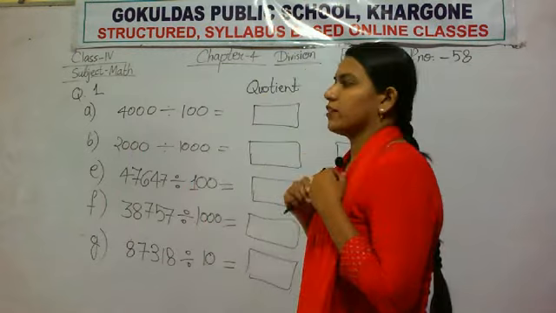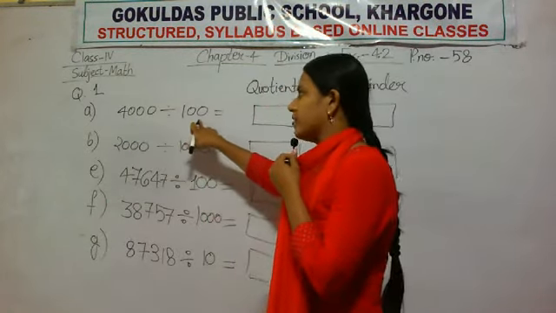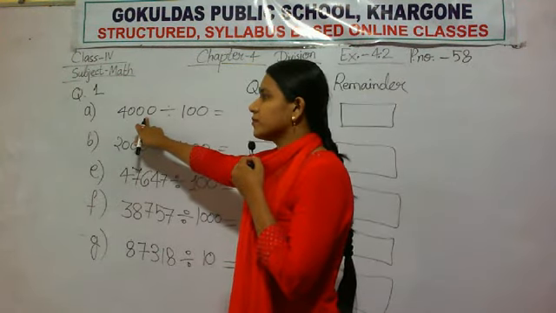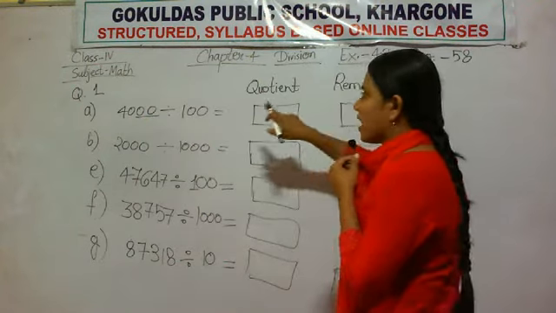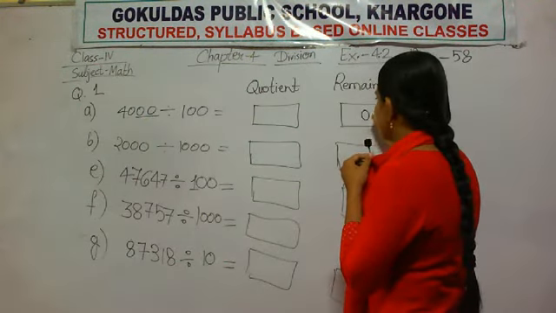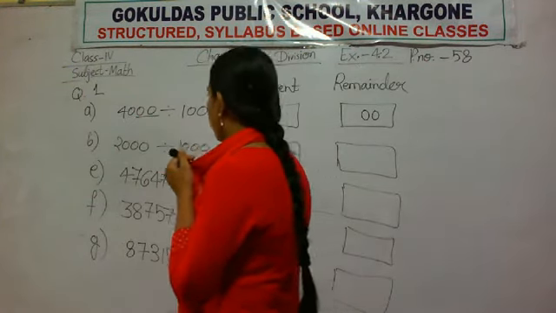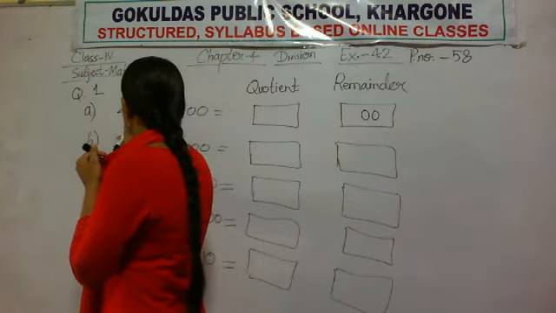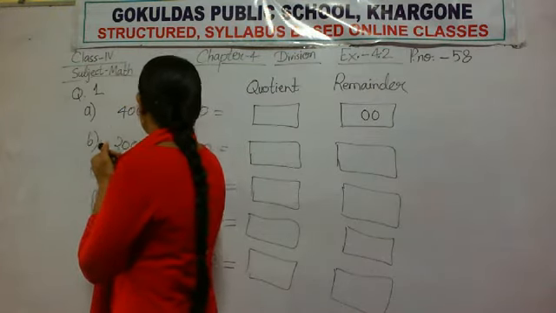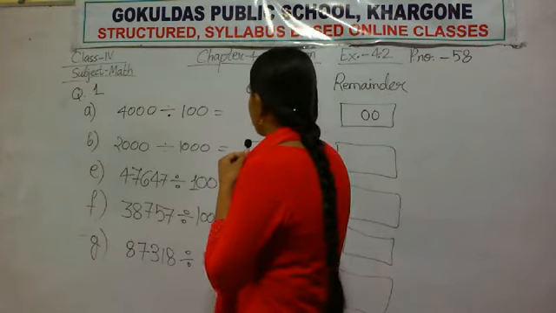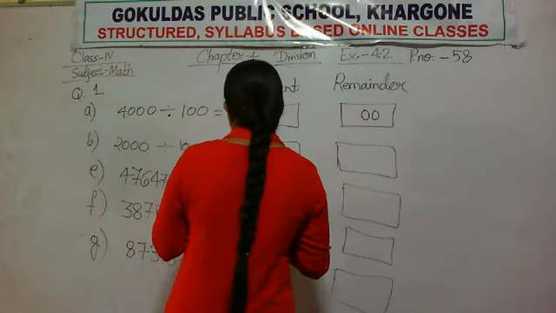So by using the trick, you know that if you are dividing any number by 100, then your remainder will be the last two digits of the number. So the last two digits are 0, 0, and your quotient will be 4, right?